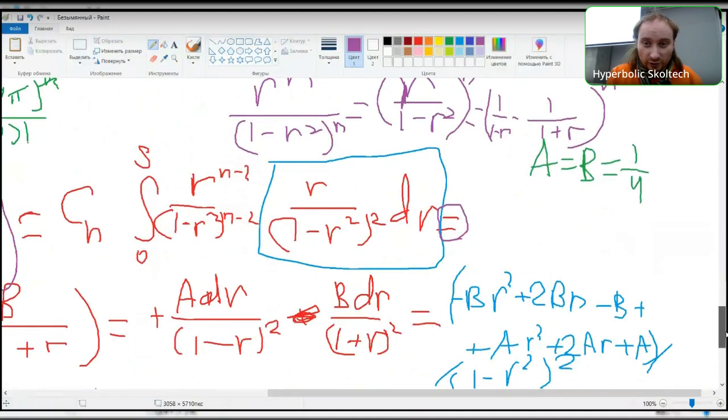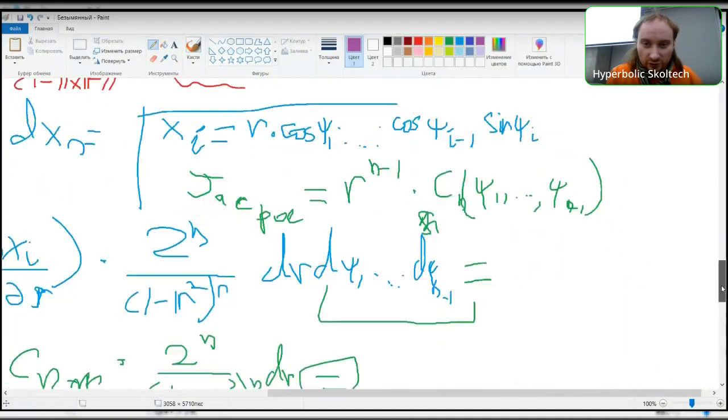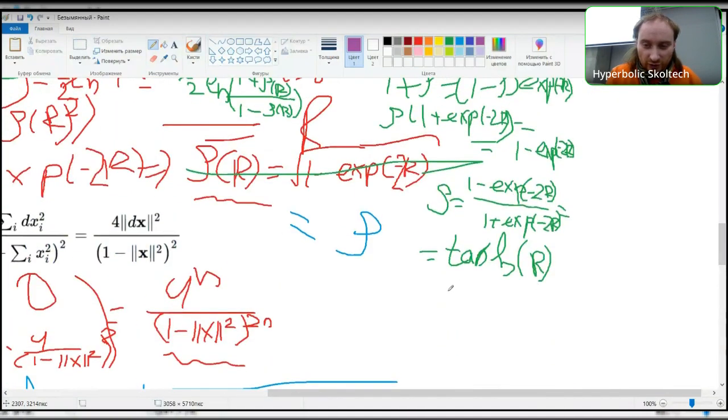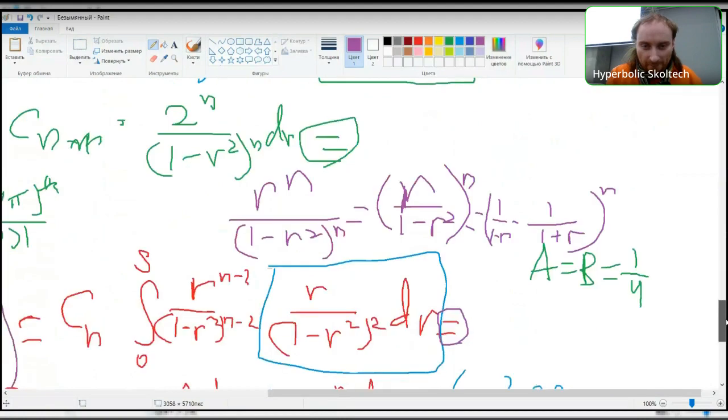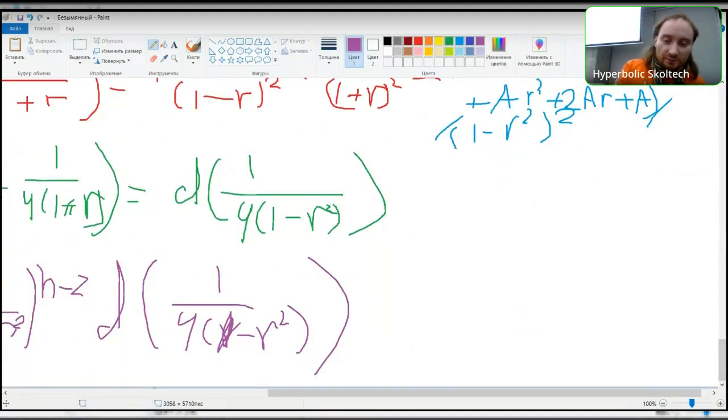This is an exponentially decreasing function, so the volume here will be exponential. Okay, sorry about this.